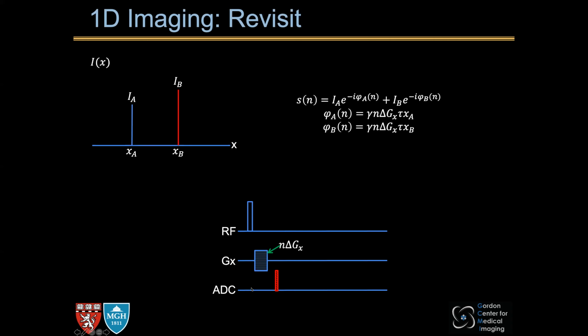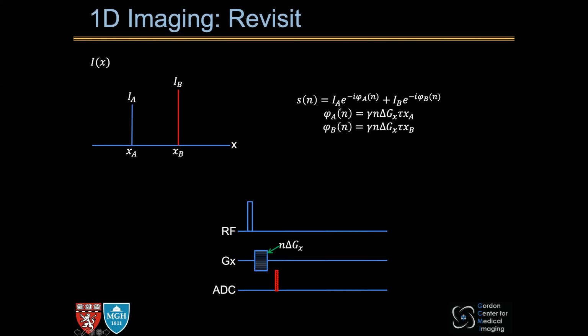So that's the difference. Instead of applying a constant gradient, we apply a time varying gradient, a short gradient pulse that lasts for a few milliseconds, and then we acquire one data sample right after this gradient pulse.